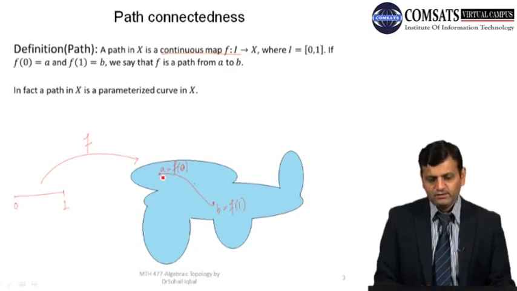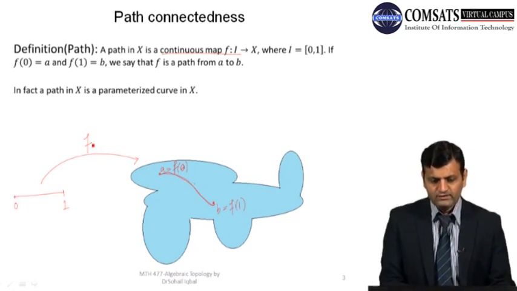Okay, so we can't say that a path in X is just a subset. Okay, so it is a subset, but it is more than a subset. It is a parametrized curve inside X. So this curve, which is the image of this f of the set 0 to 1, has some orientation as well.